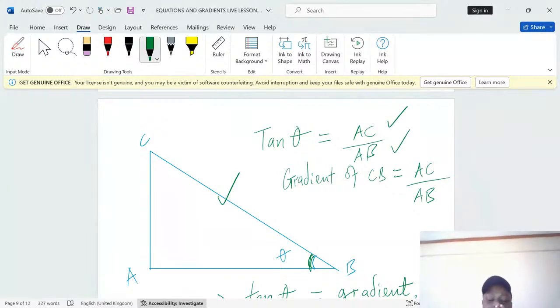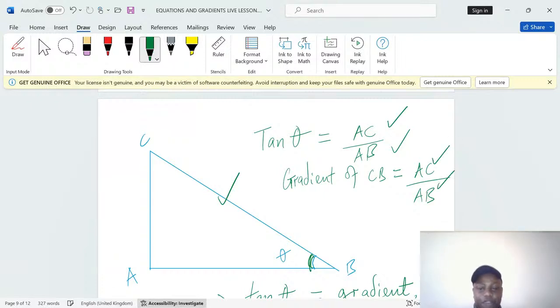Again, the gradient of the line at this point is usually given by the change in y, which means the number of units on AC, divided by the change in x, which means the number of units on AB. And that means, again, we can get the gradient of a line by taking AC out of AB.